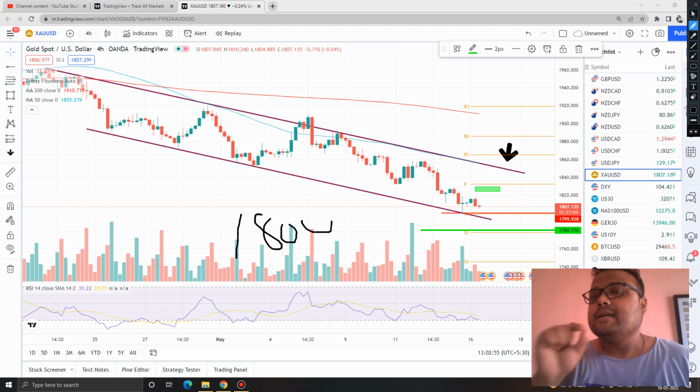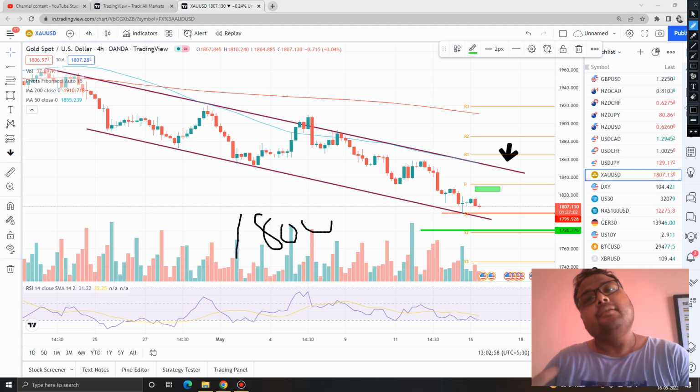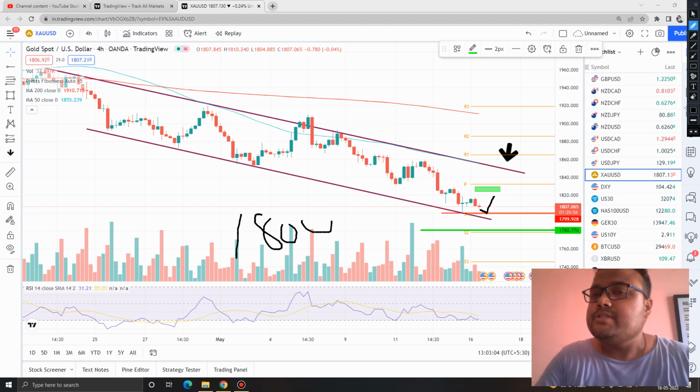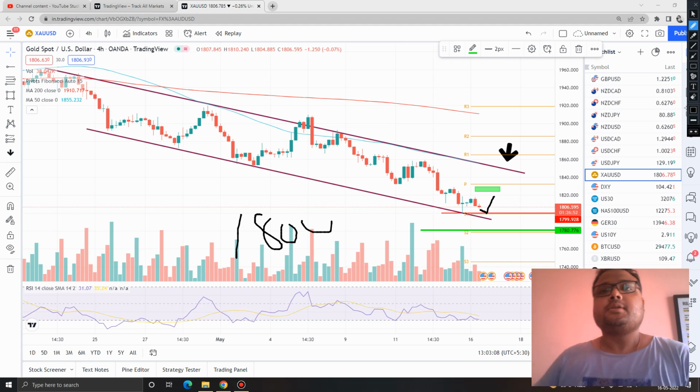As a result, there is a high risk also. So if the market bounces from the 1800 level, or if you see any kind of price rejection from below at 1800, you can go for a buy position, but try to exit quickly after 20, 30 or 40 pips.